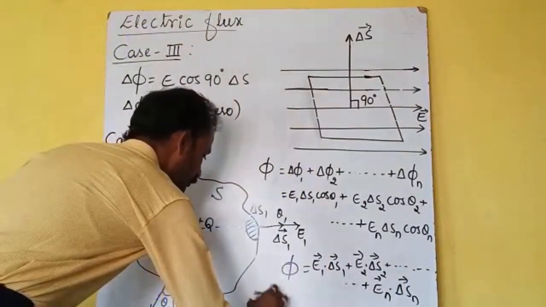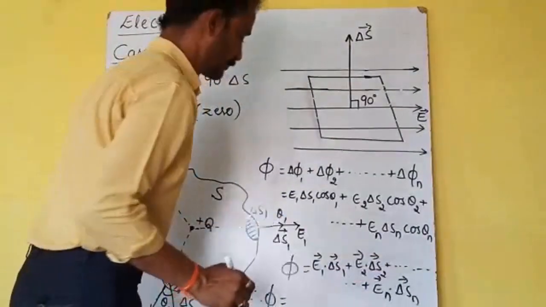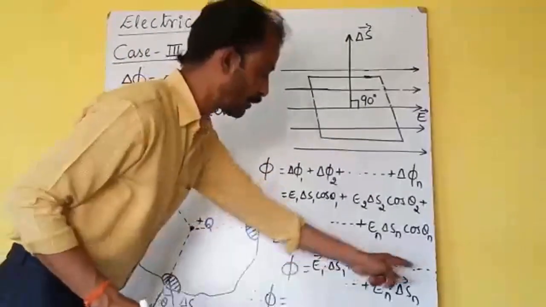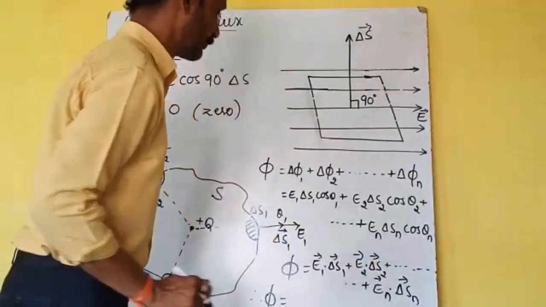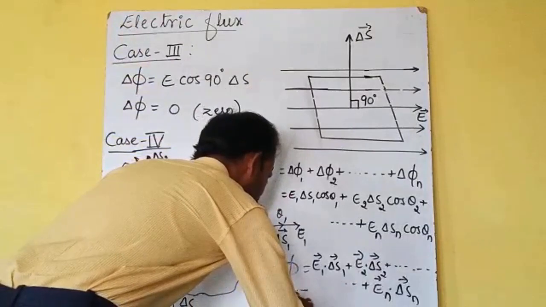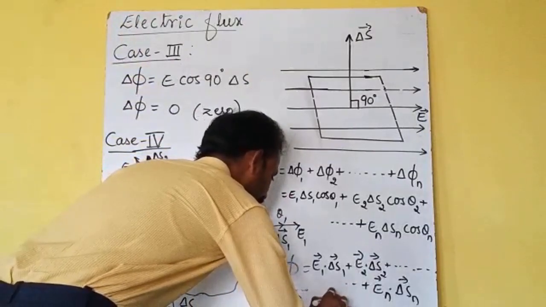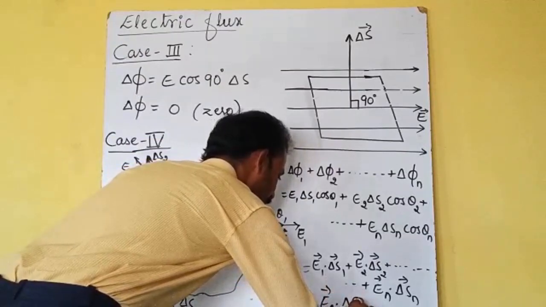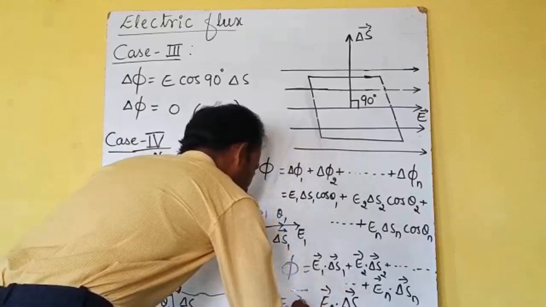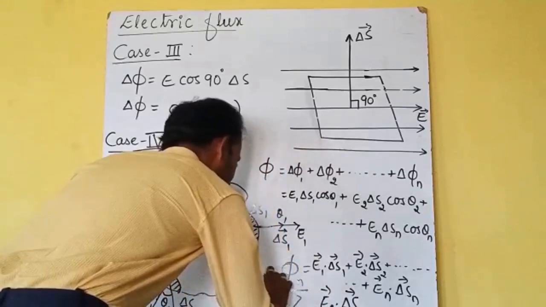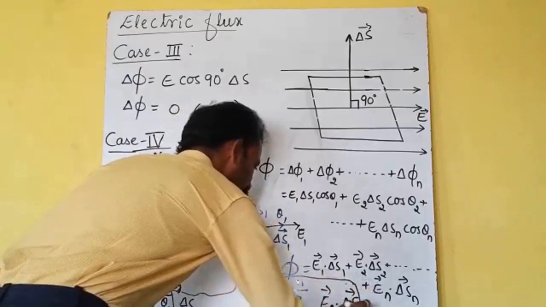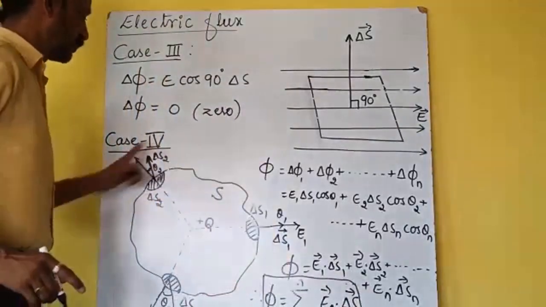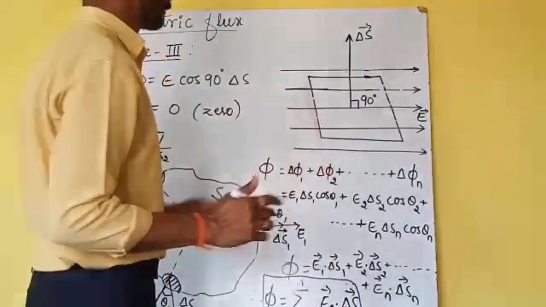Therefore, phi equals the summation of the vectors, which gives sigma Ei vector dot delta Si vector, where i is equal to 1 to n. This expression gives the total electric flux through any closed surface.